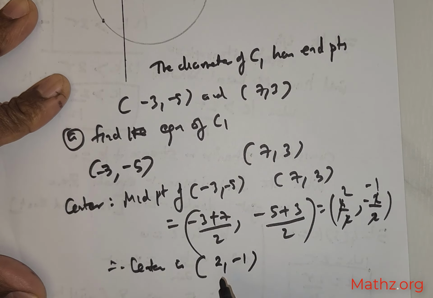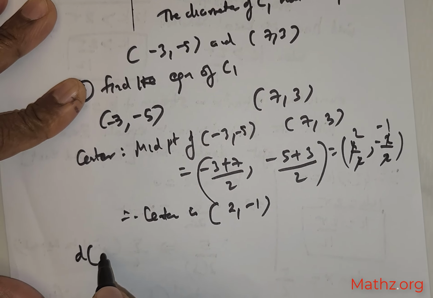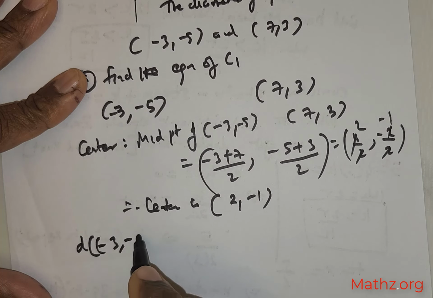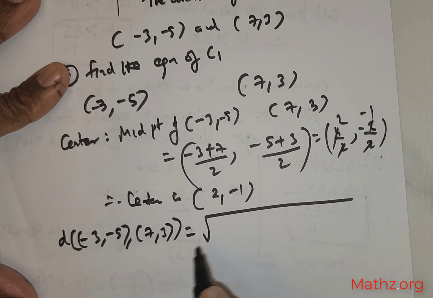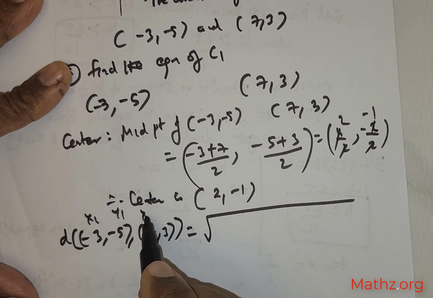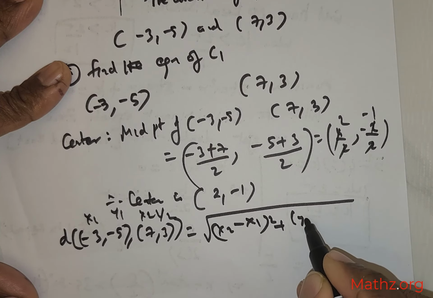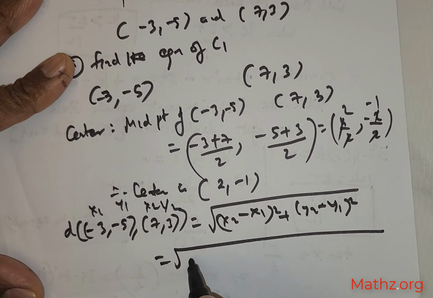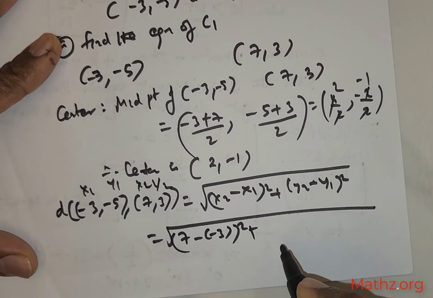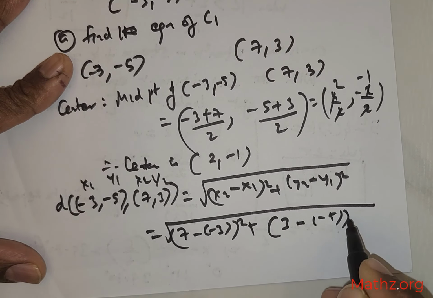Now we have to calculate the distance. So distance of the point -3, -5 and 7, 3. So what is that? That's the root of, we have to take this as x1 y1 and x2 y2. Formula is x2 negative x1 the whole squared positive y2 negative y1 the whole squared. That's the root of x2 is 7 negative of -3 the whole squared positive y2 is 3 negative of -5 the whole squared.